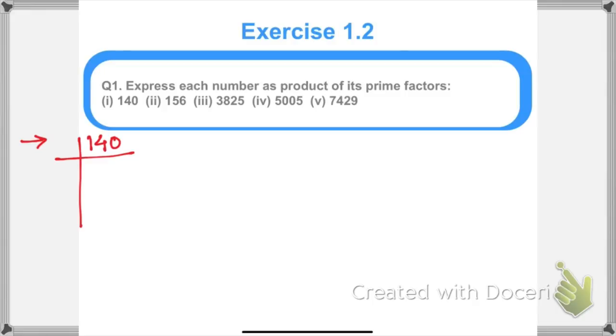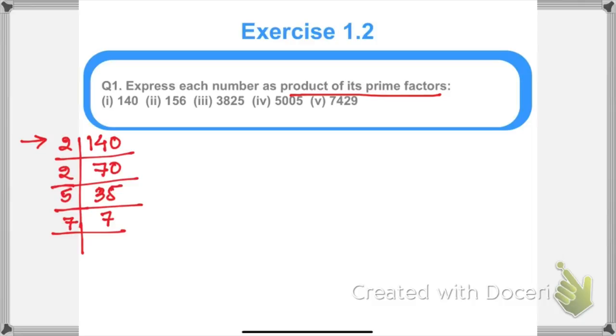140, we have to express it as a product of its prime factors, dividing it with the first and the smallest prime factor 2. 2 7s are 14 and 0. 2 3s are 6, 2 5s are 10. Sorry, it won't be any more divisible by 2. 5 7s are 35 and 7 1s are 7.